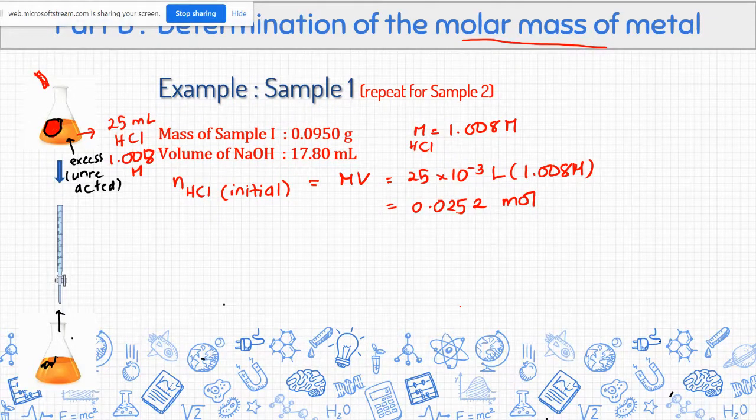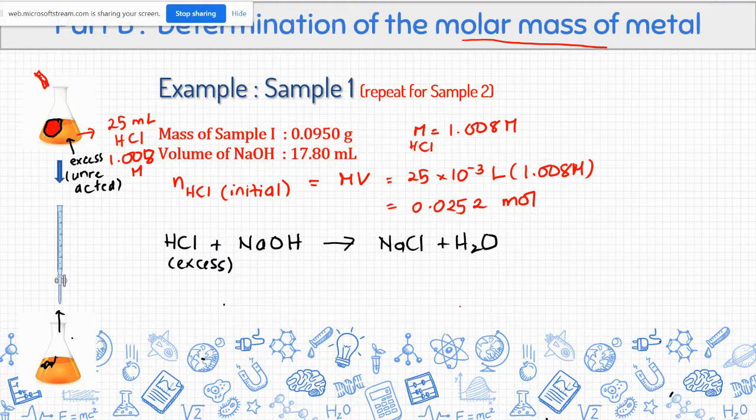So in this case, we have HCl plus NaOH. Which HCl? The one in excess. It reacts with NaOH to give you the same products, NaCl plus H2O.